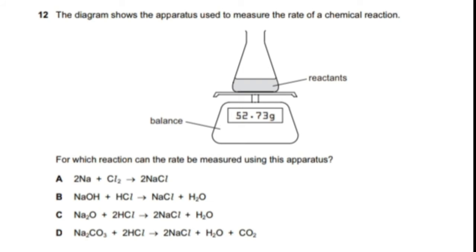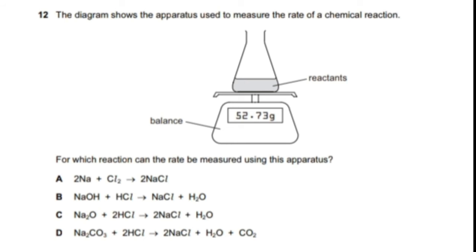In this conical flask a chemical reaction is going on and some of the substance escapes outside, so the mass of the contents decreases, and we can measure this using the balance. With respect to time, according to how much the mass decreases, we can find the rate of reaction. So you have four different types of chemical reaction, and the correct answer is D.